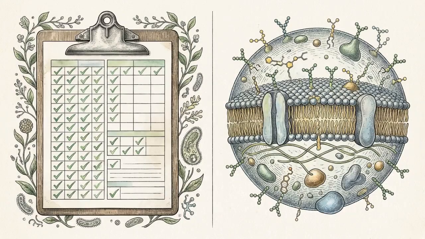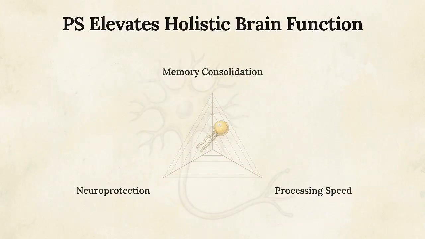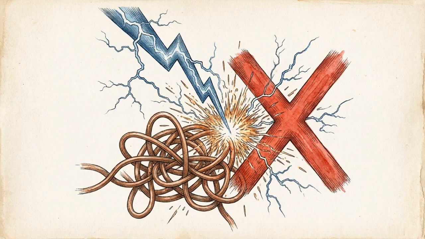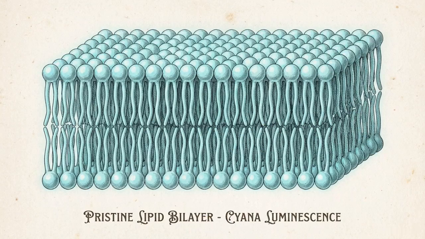The clinical consensus aligns with the cell biology. Proper PS integration reliably supports memory consolidation, processing speed, and baseline neuroprotection over the lifespan. Reversing cognitive decline and optimizing processing power does not begin with artificial electrical stimulation. It begins by securing the fundamental structural bedrock of the cell membrane.